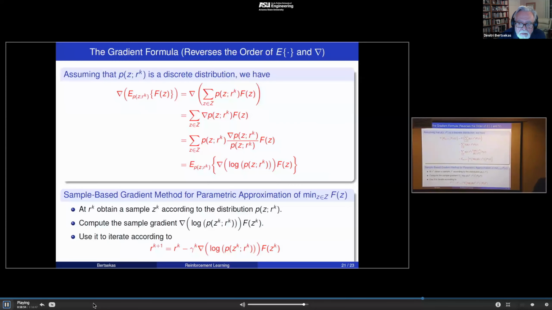This doesn't scale, right? Why do you say that? Z is the trajectory, the whole trajectory in the dynamic programming context. But what do you mean it doesn't scale? You mean the dimension of R is the problem? The sampling idea is good, but you still need a lot of samples. All gradient methods need a lot of samples.